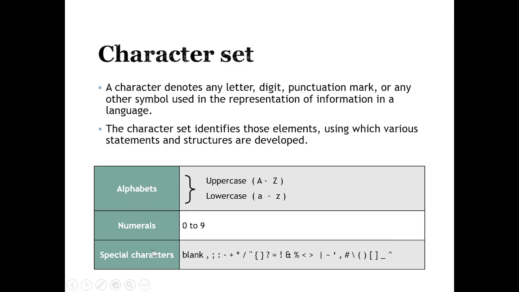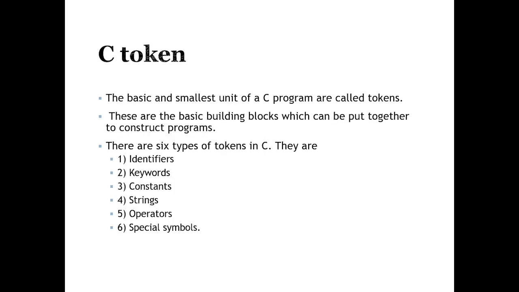And you can see all the other types of special characters that we can use. So your C program can be written by a combination of uppercase letters, lowercase letters, numerals, or these special characters. That is why they are called the character set of the C programming language.